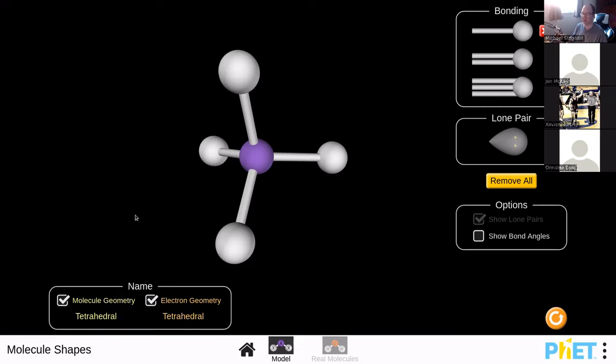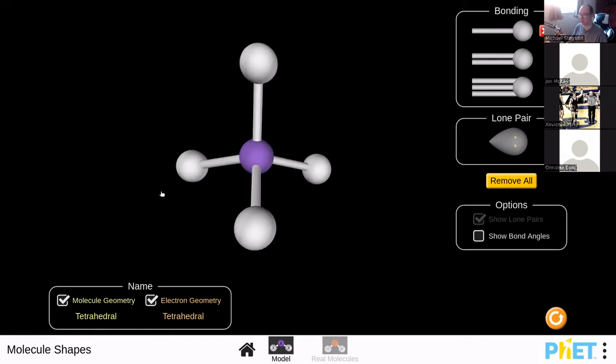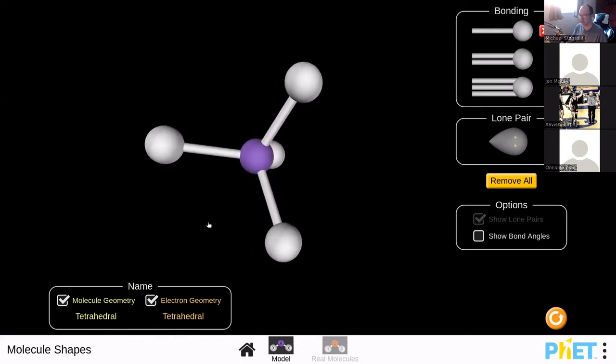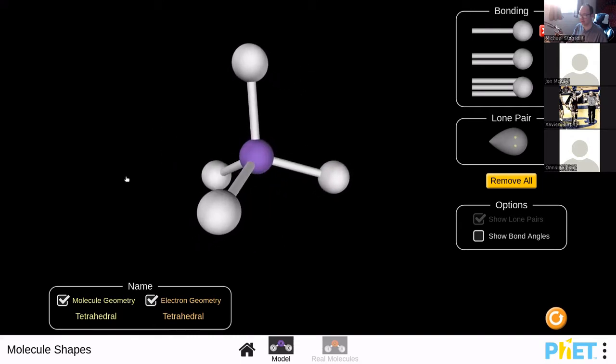This is always going to happen whenever you don't have lone pairs. The two kinds of geometries diverge from each other when you have lone pairs, and they wind up being the same when you don't. So in this case, both the molecular and the electronic geometry wind up being tetrahedral.